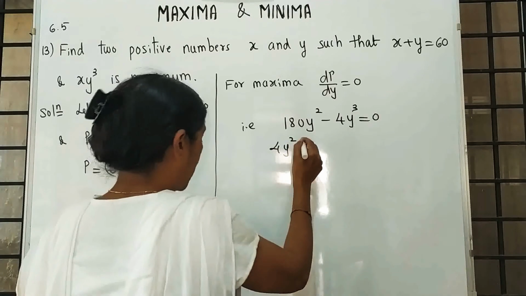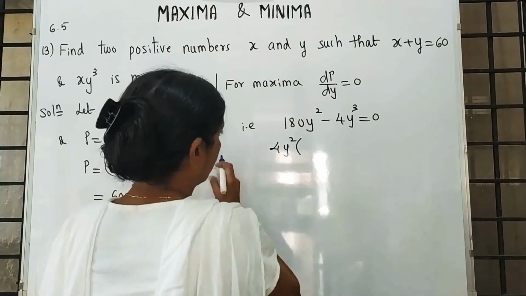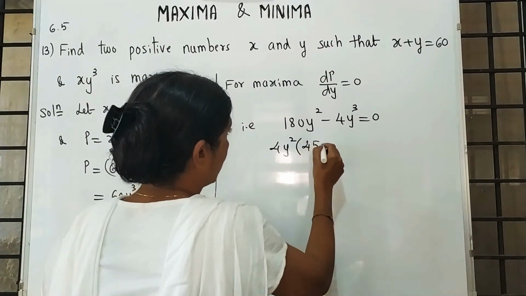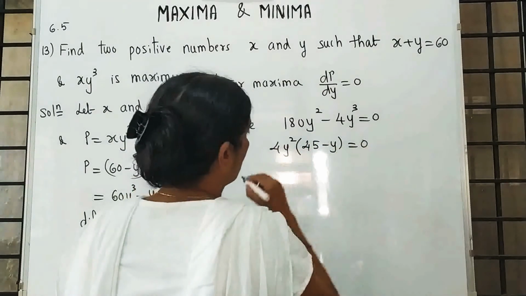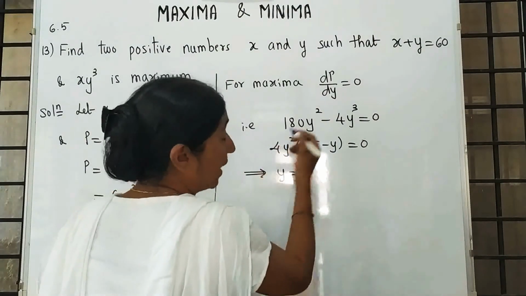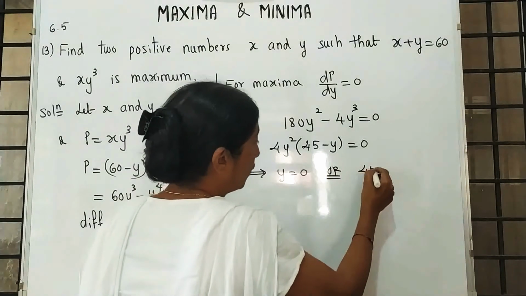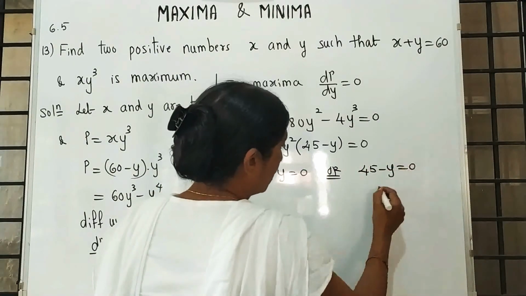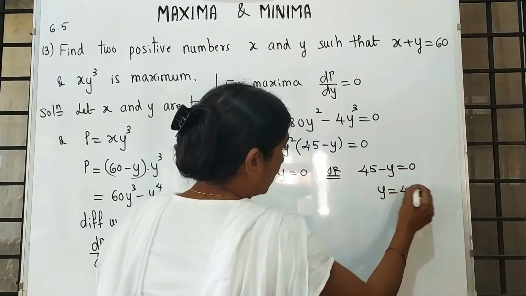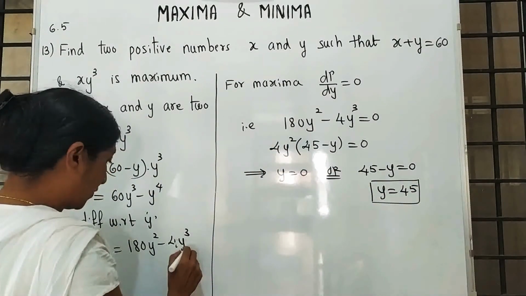I took 4 y square common in the bracket: 45 minus y is equal to 0. 4 y square is equal to 0 means y is equal to 0, or 45 minus y is equal to 0, y is equal to 45. Next, this is equation 2.